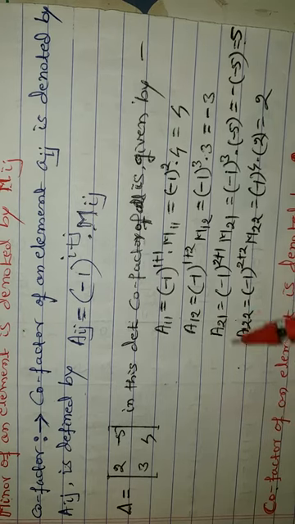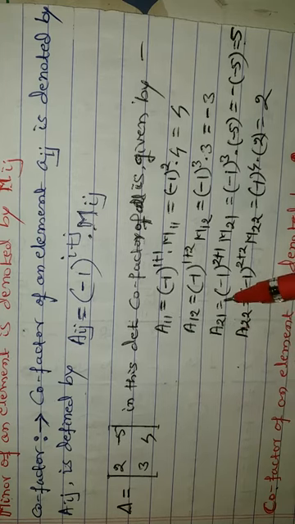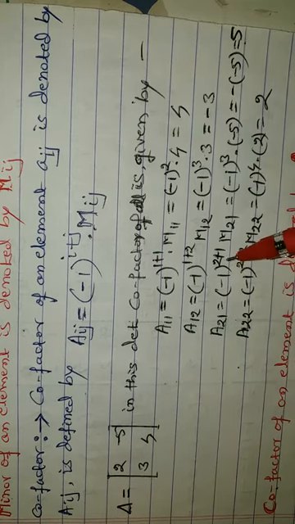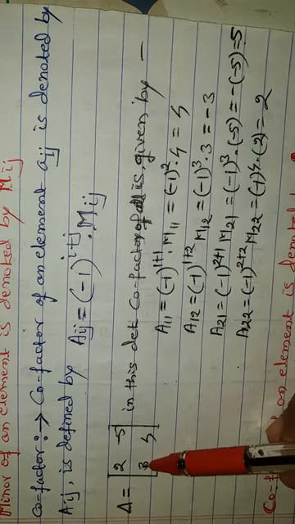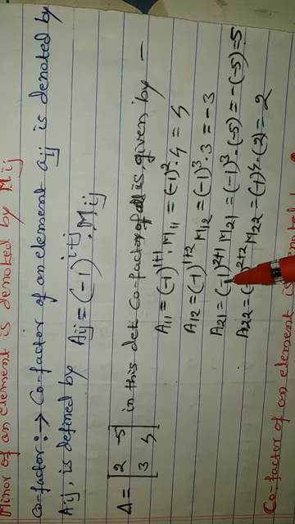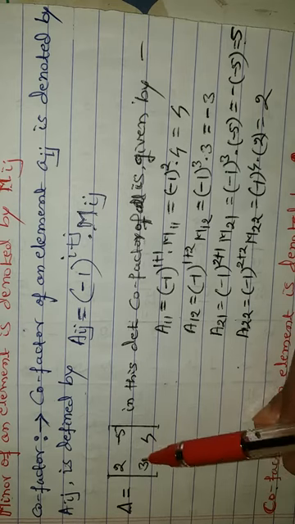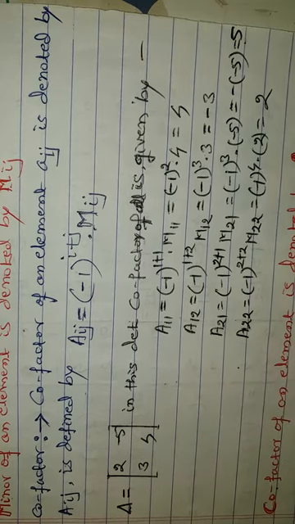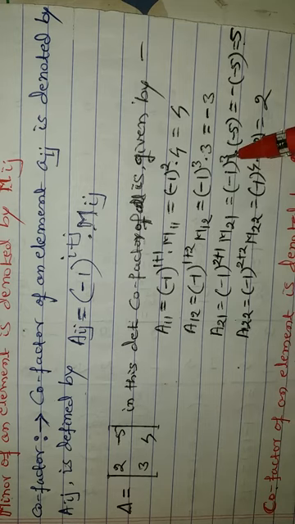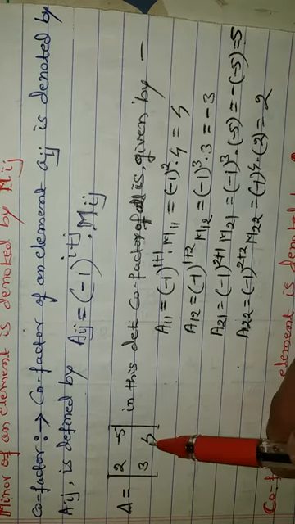The cofactor of the third element, that is 3, is A21, which equals minus 1 to the power of 2 plus 1, because it belongs to the second row, first column, into the minor of this element, which is minus 5. Hence, minus 1 to the power of 3 into minus 5, minus of minus equals plus 5. The last element is 4.